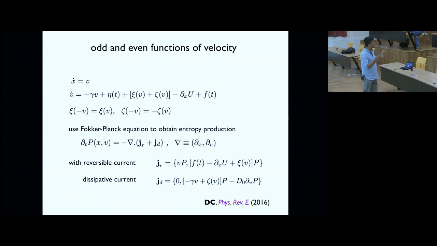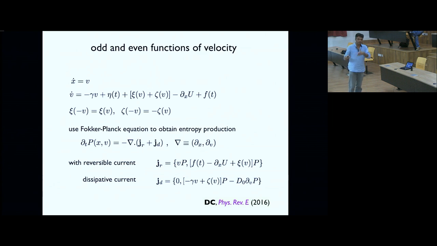Earlier I said the external velocity dependent force was an odd function of velocity. Now I use both parts: I assume that the velocity dependent external force can have both an odd function of velocity and an even function of velocity, and I separate them out, so one is even and another is odd.